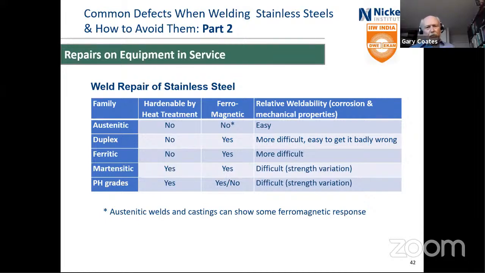But let's look at the relative weldability of them. The austenitic family in general is easy. Yes, the 6 Moly alloys might require a lot more cleanliness, lower heat inputs, things like that, but they are relatively easy.